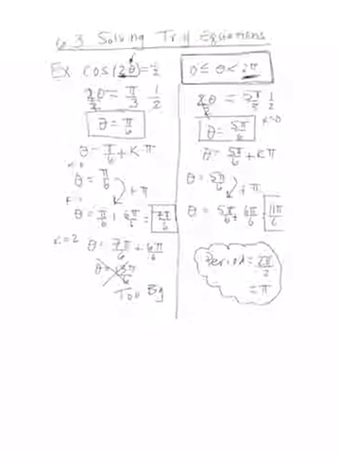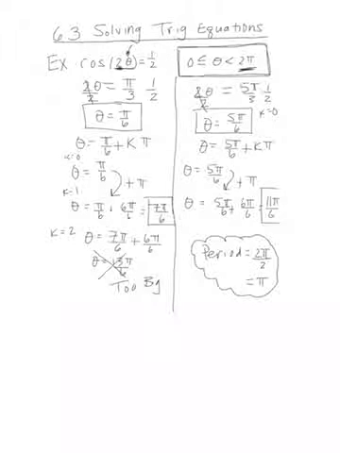Here again, if I tried to add another period, we would just get too big, because we would add another 6 pi over 6 and we would get 17 pi over 6, too big, okay?